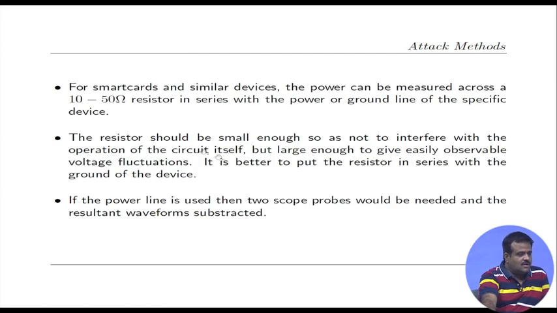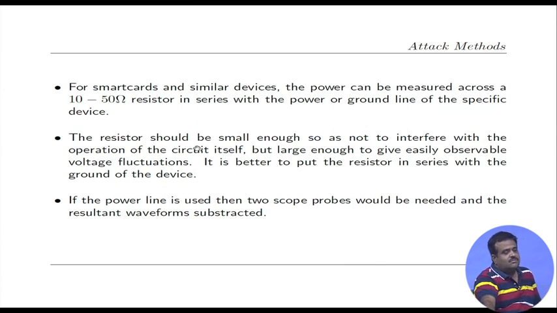For smart cards and similar devices, the power can be measured across a 10 to 50 ohm resistor in series with the power or ground line of the specific device.